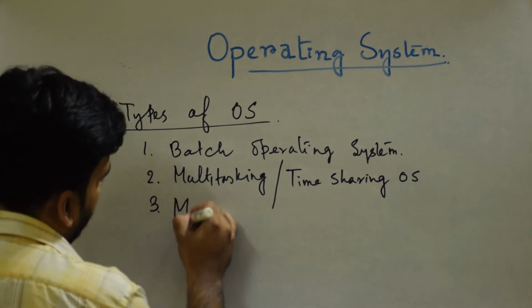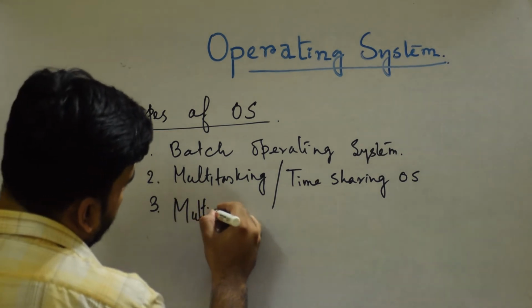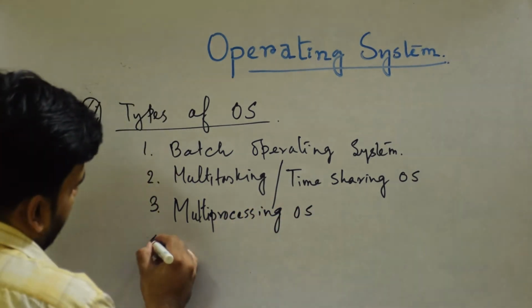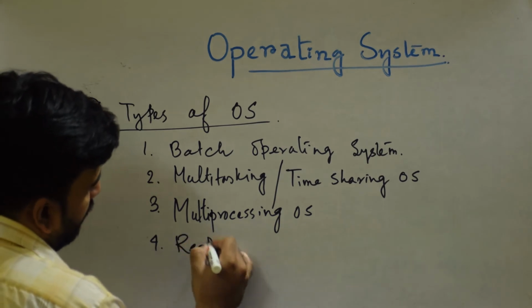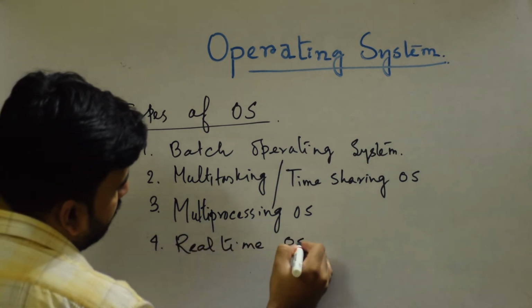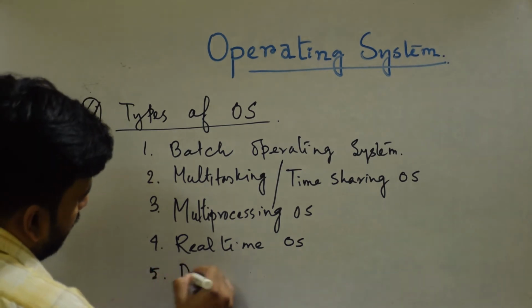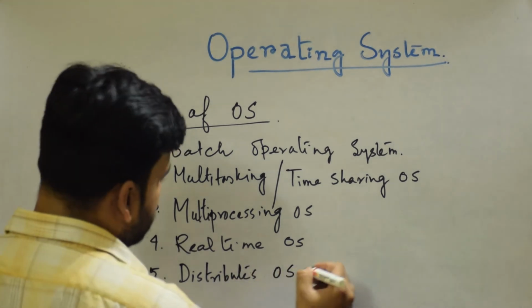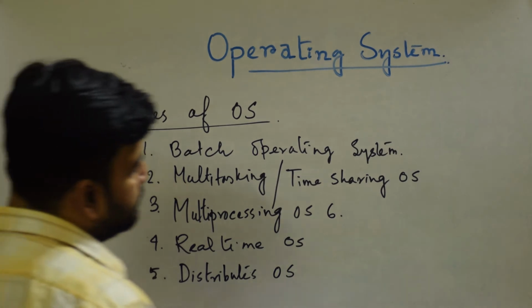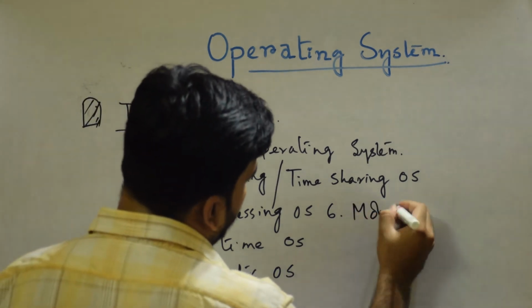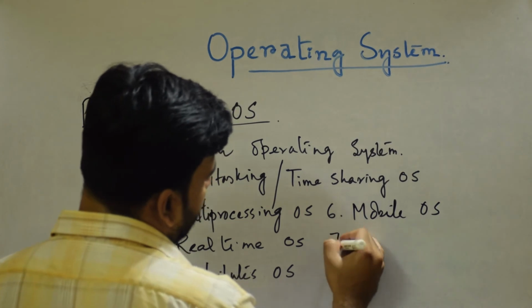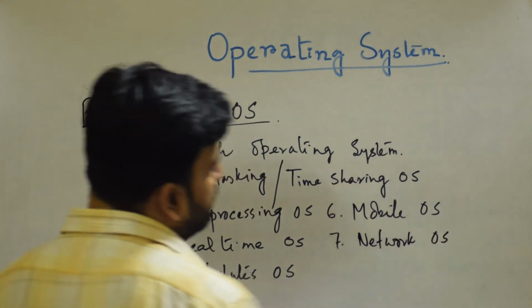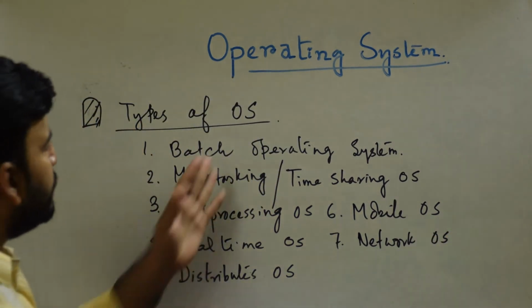Number three, multiprocessing operating system. Number four, real-time operating system. Number five, distributed operating system. Number six, mobile operating system. Number seven, network operating system. So those are the types of operating system.